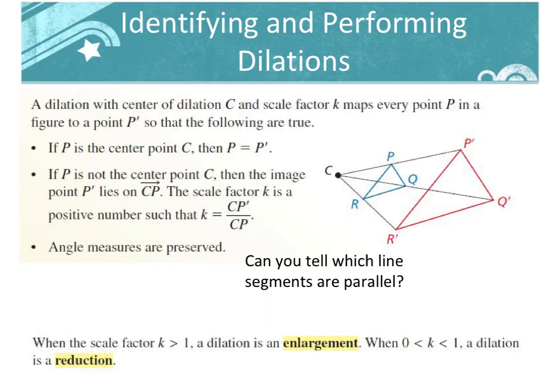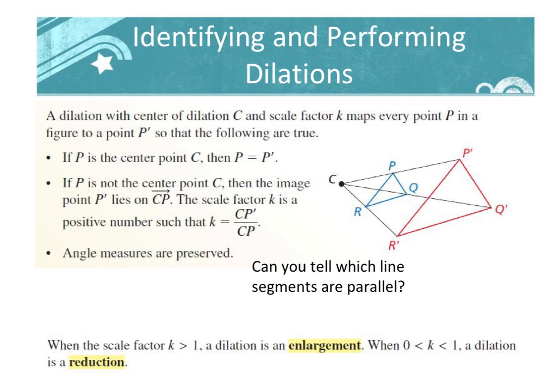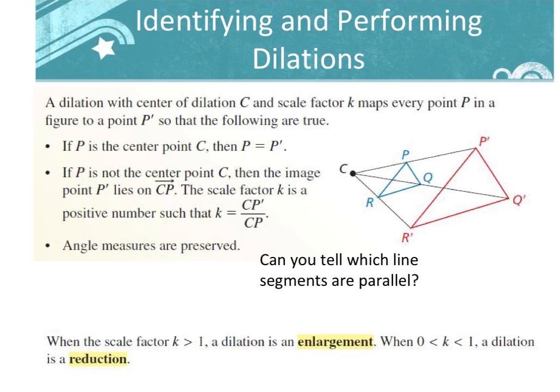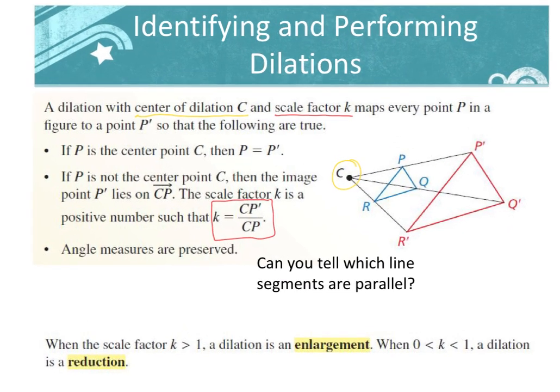All right, so a dilation with a center of dilation C. This is our center of dilation, and a scale factor K. K is going to be the distance CP prime divided by CP. It's going to map every point P to a point P prime so that the following are true, okay?